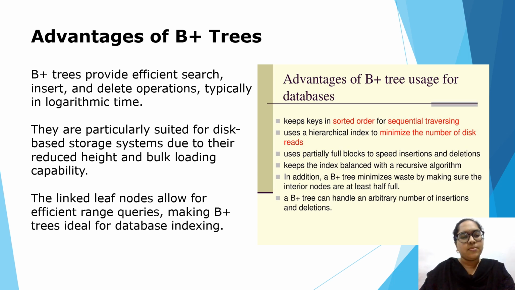Next, the main advantage is that the linked leaf nodes allow for efficient range queries, making B plus trees ideal for database indexing. So this main advantage of B plus trees in databases is due to their indexing, which makes accessing the data very easy and efficient, and it keeps the data in sorted order.